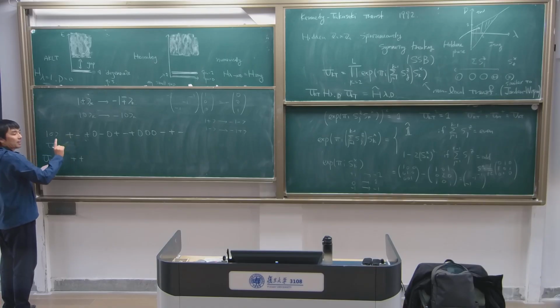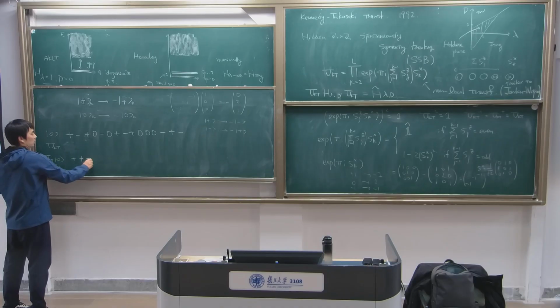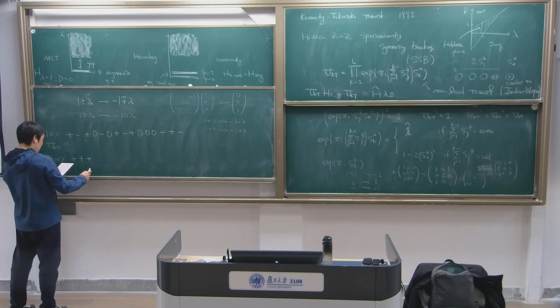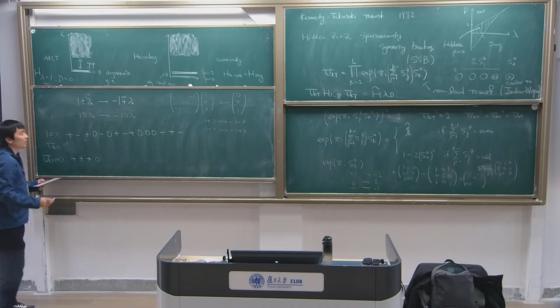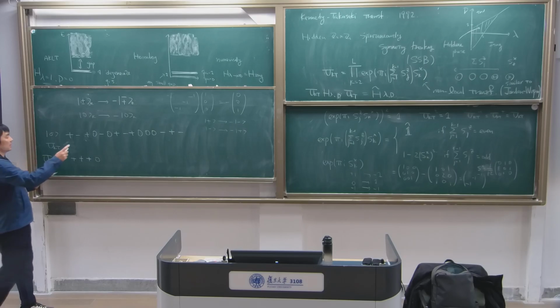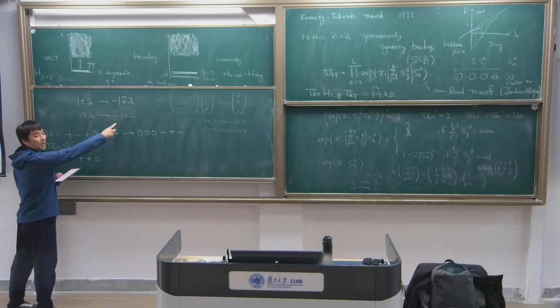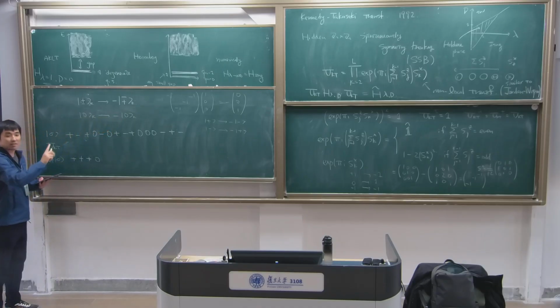Because for a hidden anti-ferromagnet, if you sum them up, you get 0, which is even. So therefore, here it should be plus. Okay? And then 0 is still 0. And in either case, you have an odd one, but 0 is mapped to 0. I don't care about the overall sign.